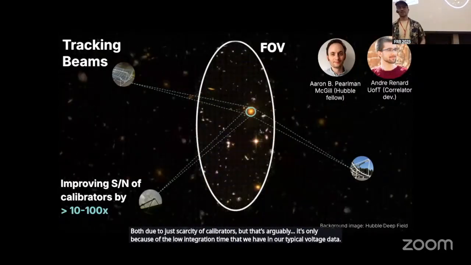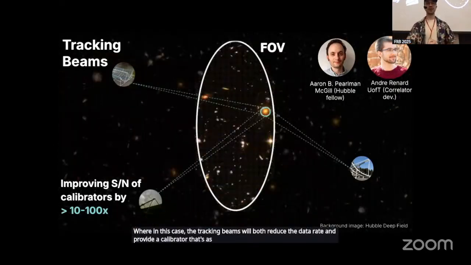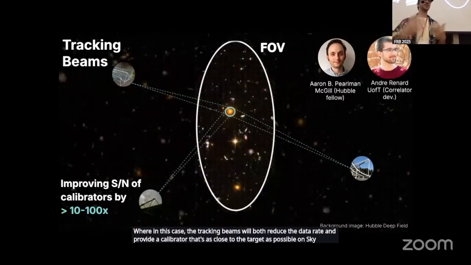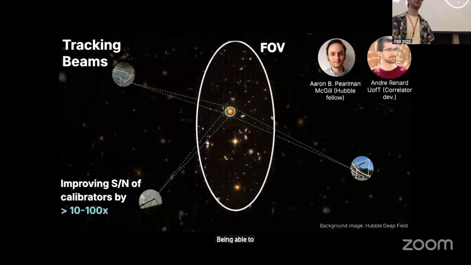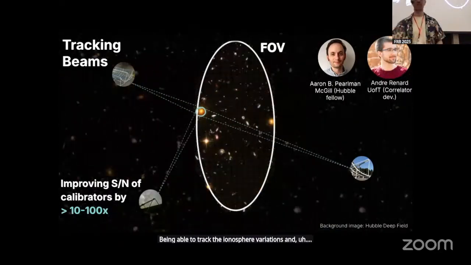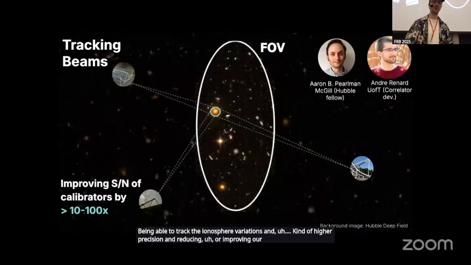The tracking beams will both reduce the data rate and provide a calibrator as close to the target as possible on sky, boosting the signal to noise of the calibrator and also allowing us to track the ionosphere variations at higher precision, improving our ability to localize more efficiently.